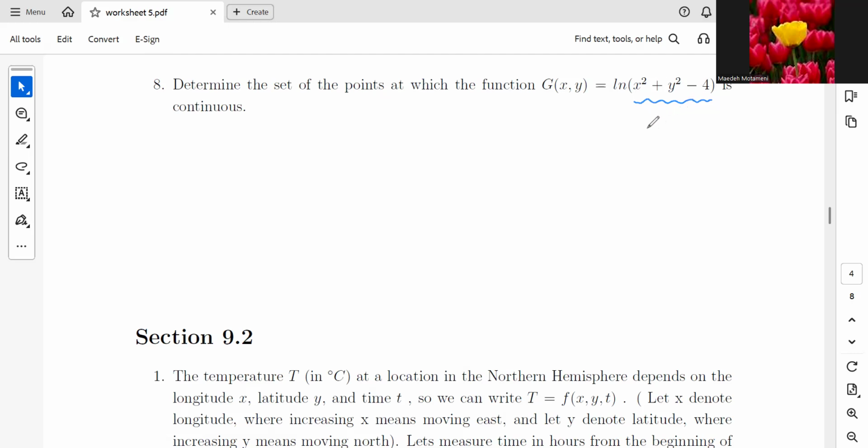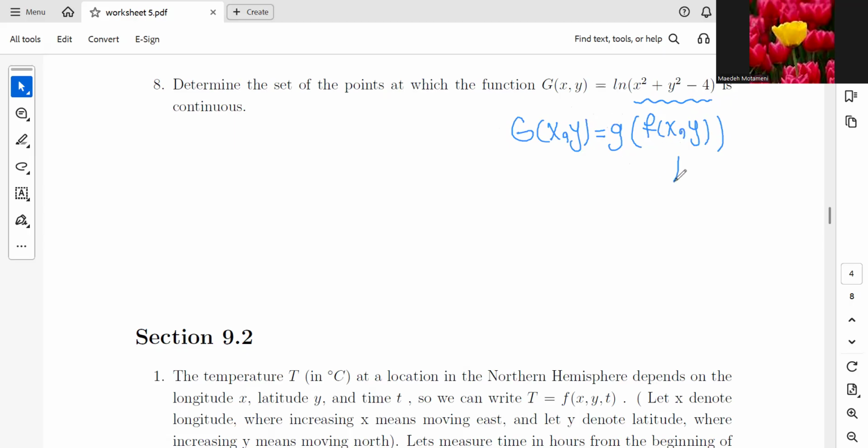But how can we find that? Let's say the inside can be something like f of x and y. So if we apply the limit of this, we can say that we are applying another function here. So we can summarize that as capital G of x and y, a combination of two functions.